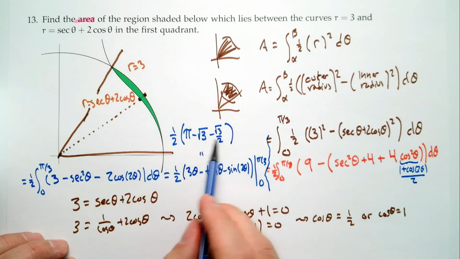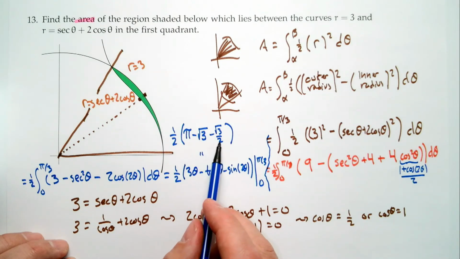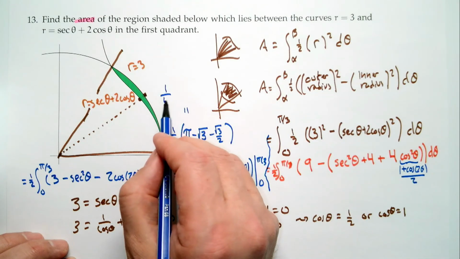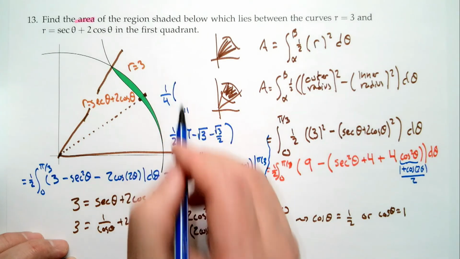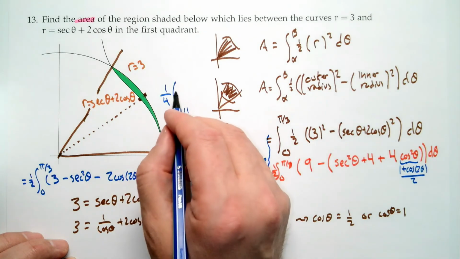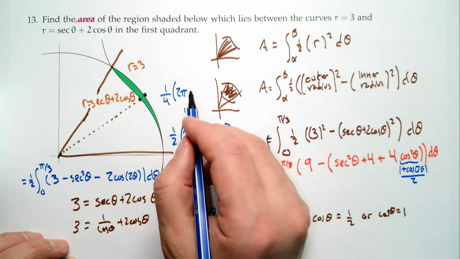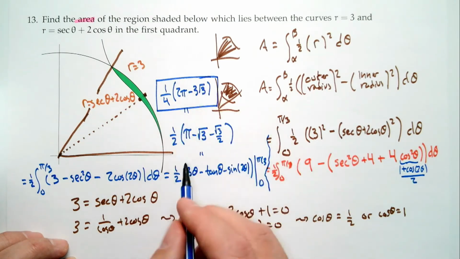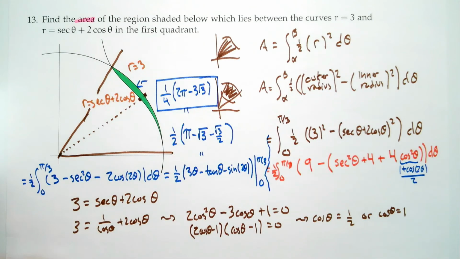So we could actually put these root 3's together, and if we wanted to, we can even pull out a half again. So if I pull out a half, that'll leave me with 1/4. When I pull a half out of the pi, what will that give me? 2 pi. And then I'll be left with 2 root 3 minus root 3, which is minus 3 root 3. And that is that area right there. 1/4 of 2 pi minus 3 root 3.